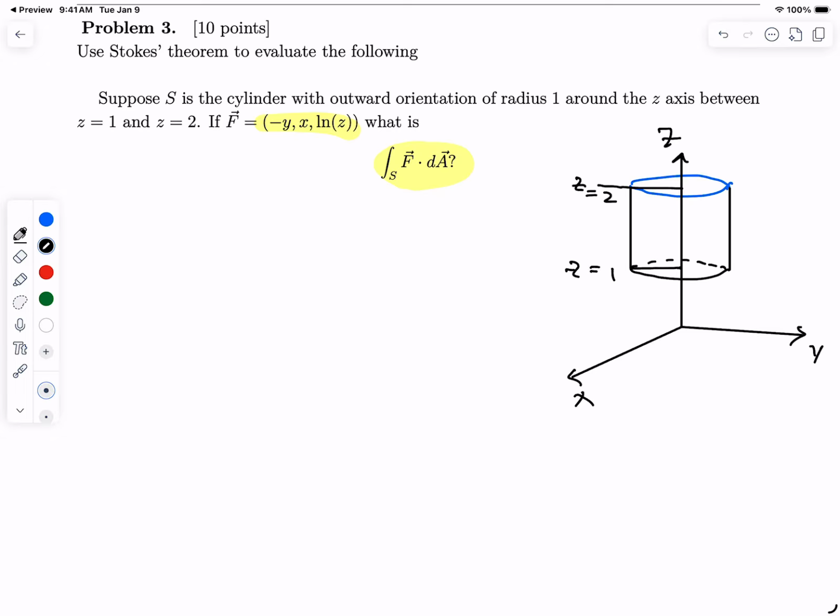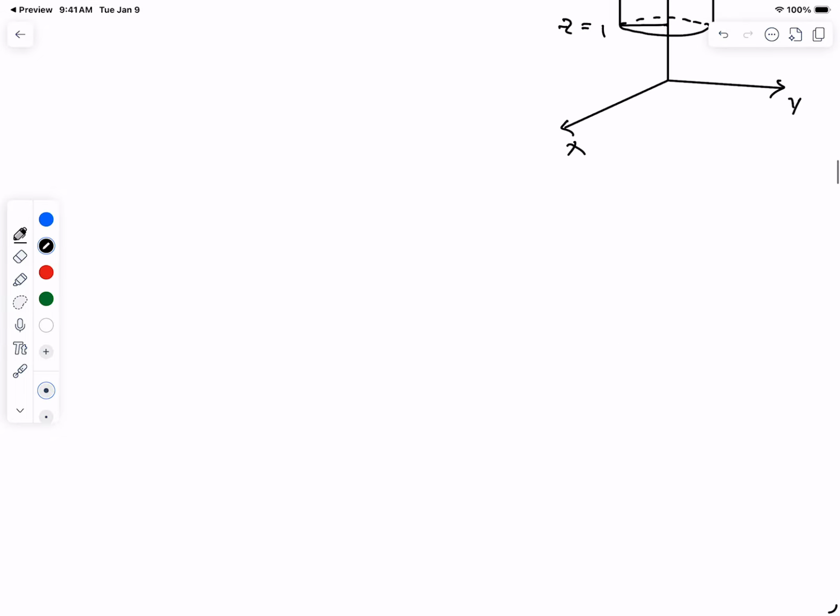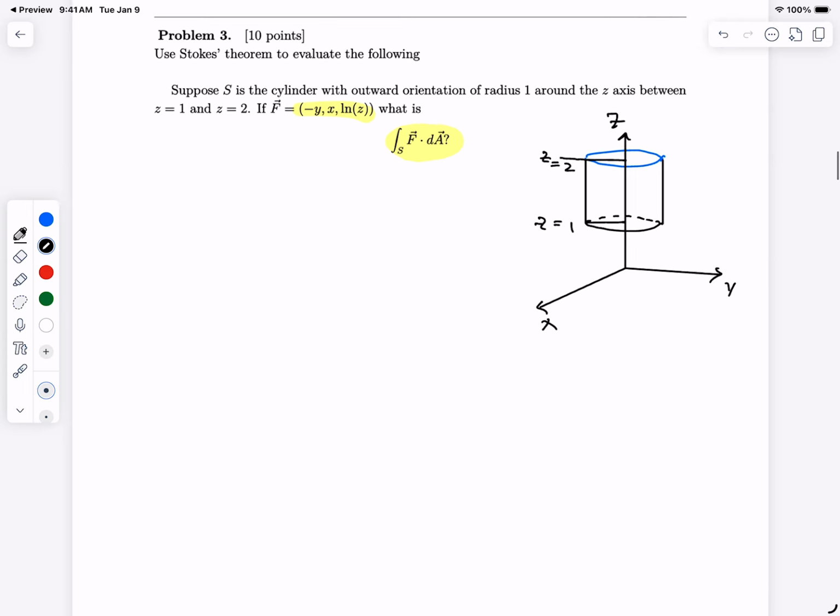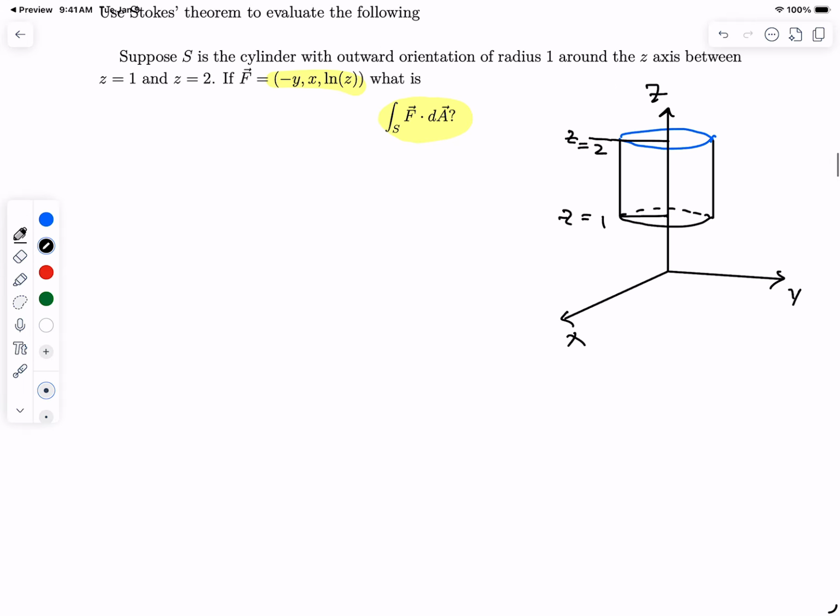Okay, can we apply any theorem? We are interested in computing the flux of this vector field F through the surface S given by this cylinder. There is an explicit formula to compute this, and the second thing is we can also apply one of the results that we discussed.